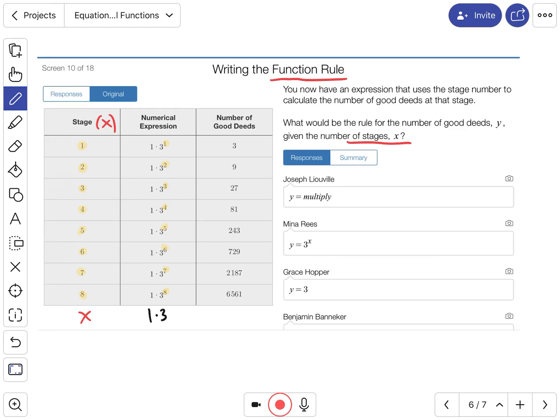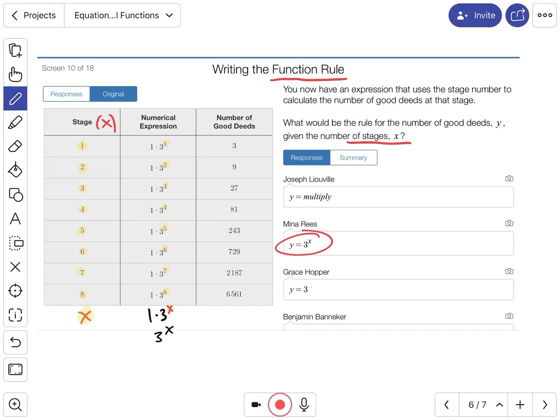So I'm going to recopy that. But whatever the stage is, that is this exponent. So instead of a certain stage, I'm just going to write x. And so that is basically this here, y equals 3 to the x. Since 1 times anything is itself, you could write it as 3 to the x. But technically, there's a 1 in front of it.